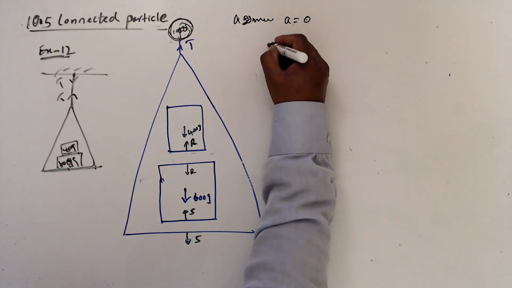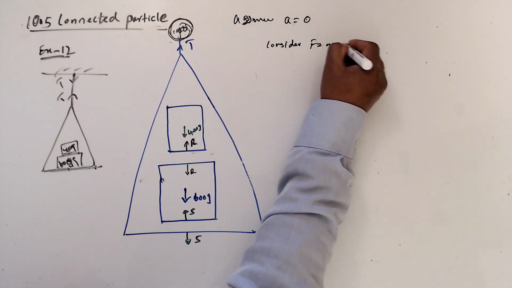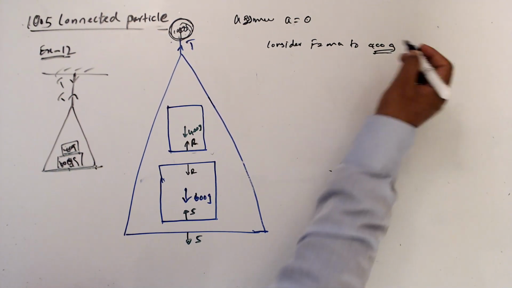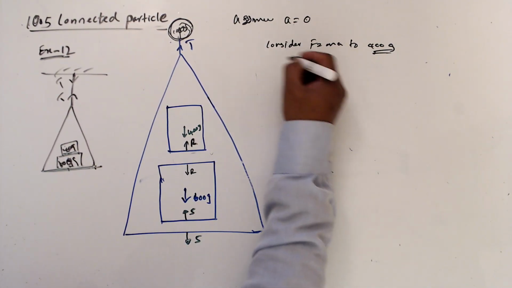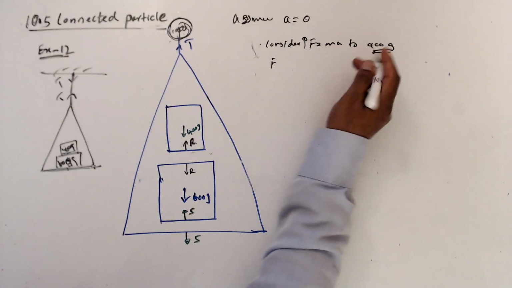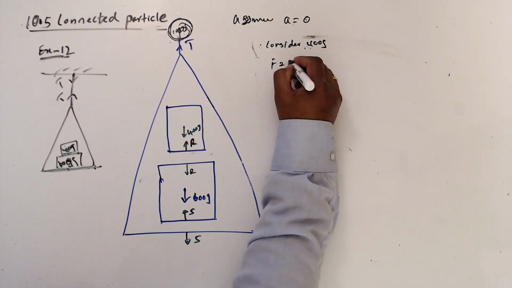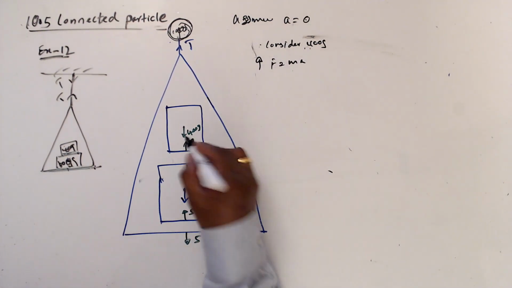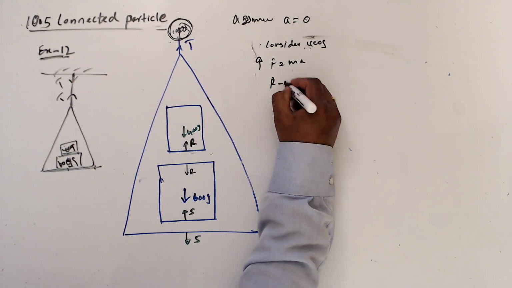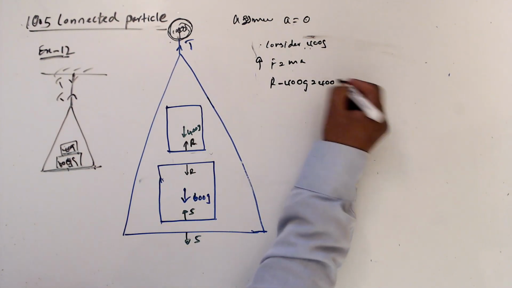So consider F equals ma for the 400 grams, let's say upward. If we take F equals ma upward, you can see R upward, then 400 g downward, and m is 400 times a.